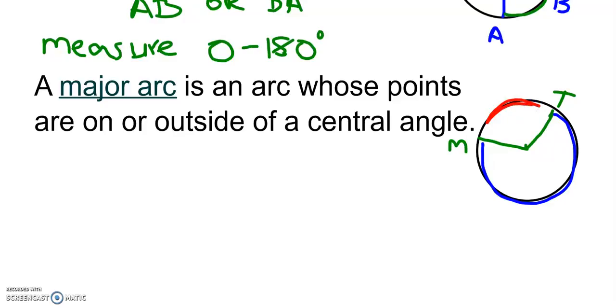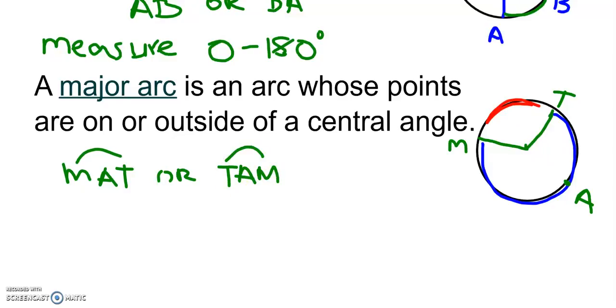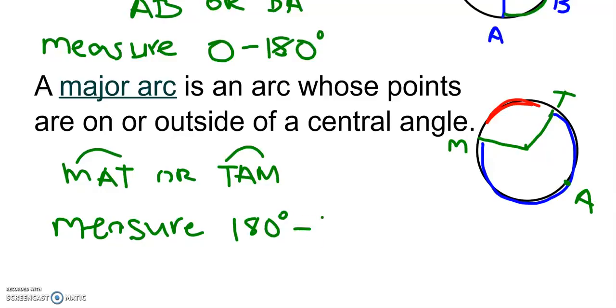We don't want that one, so we could have another point. We'll call it A. So we could call this arc MAT or TAM. And then since this is bigger than a semicircle, we know the measure is going to be between 180 degrees to 360 degrees.